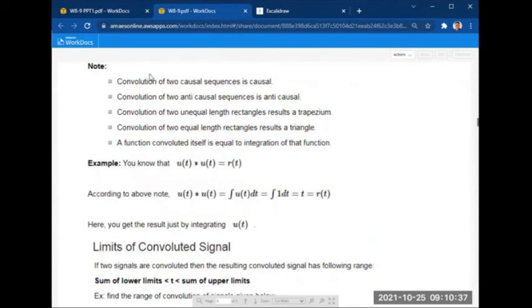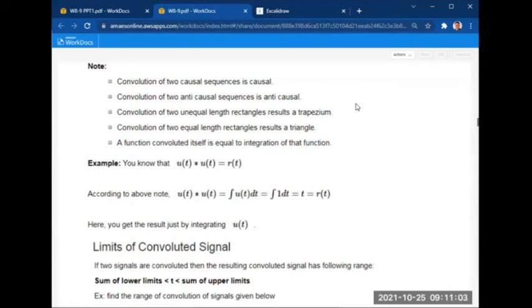What do you mean by the term causal? When we say causal, that is a system or a sequence in which all the values at the negative are 0. So only from 0 to the positive values will it have an output.